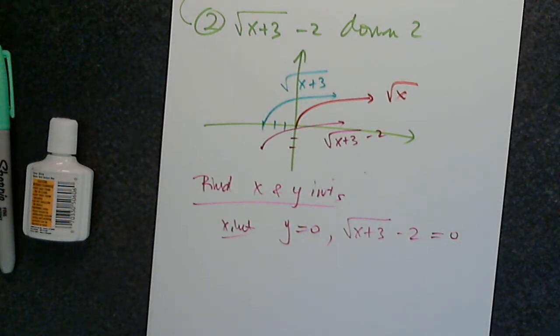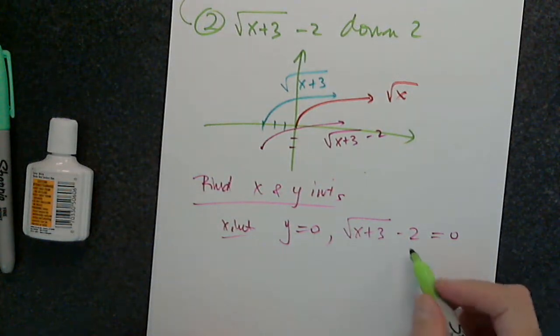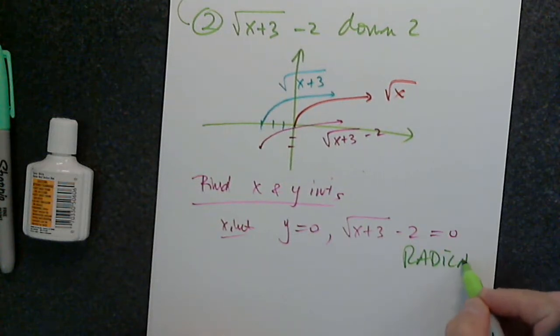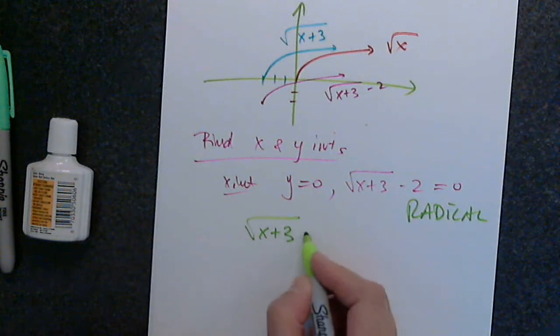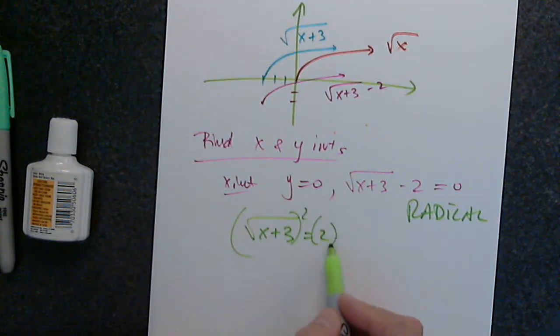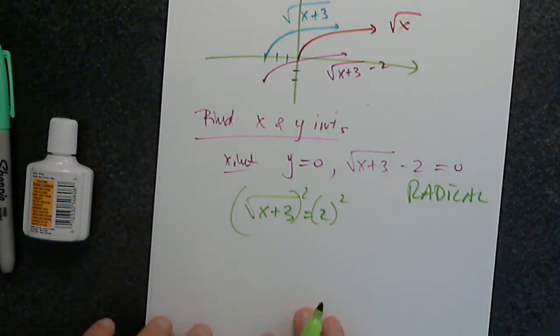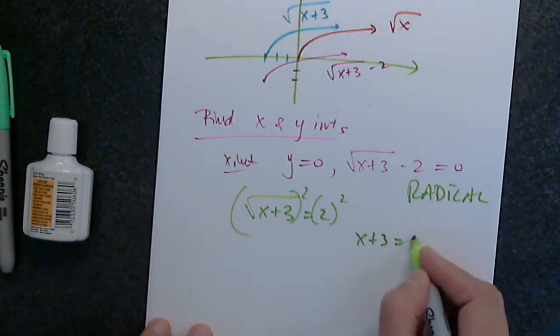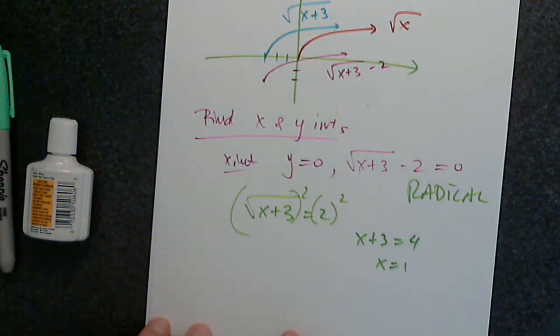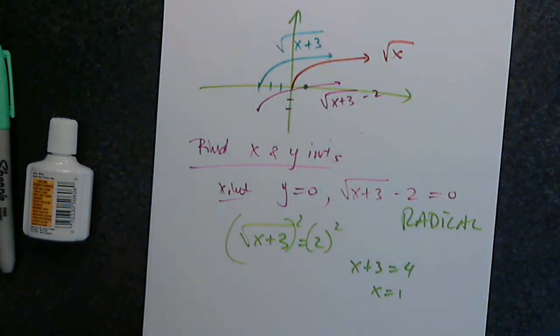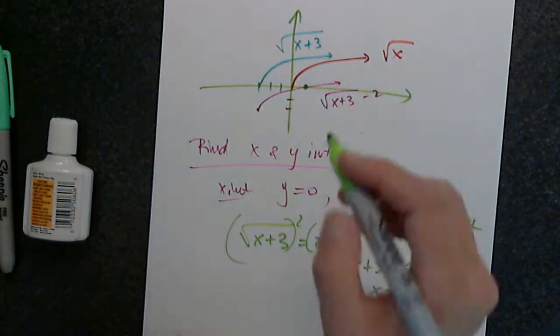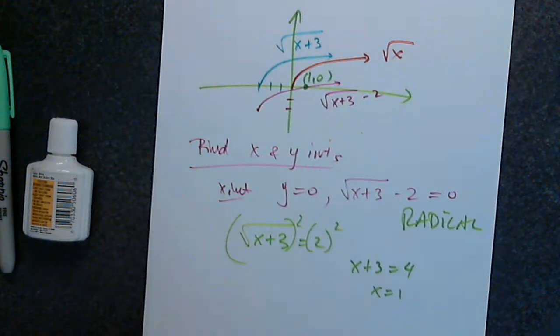We don't have equations called easy. Well, we have an equation called radical. And yes, the square root of x plus 3 equals 2. I'm sure you're going to tell me because we had this on the test. So x plus 3 equals 4. Indeed, x equals 1. So I wasn't far from the truth. So 1 comma 0.